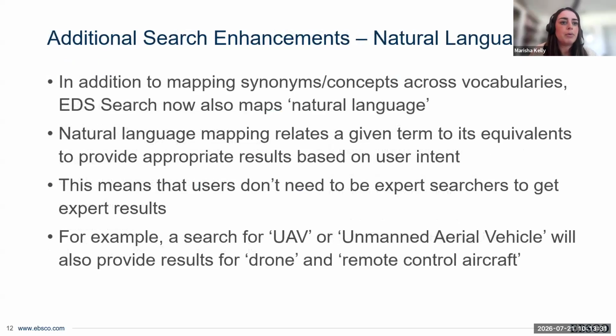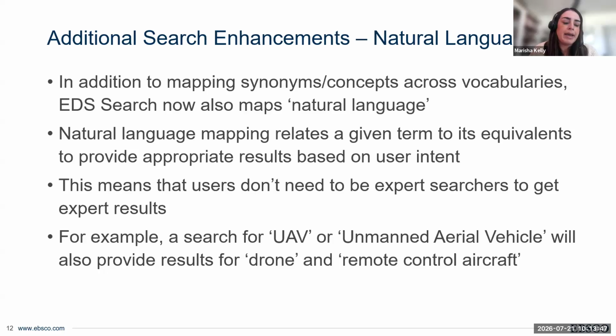And we'll talk a little bit more about some natural language enhancements directly within the interface. But one thing I will mention is that EDS does provide search results that leverage natural language within the query.